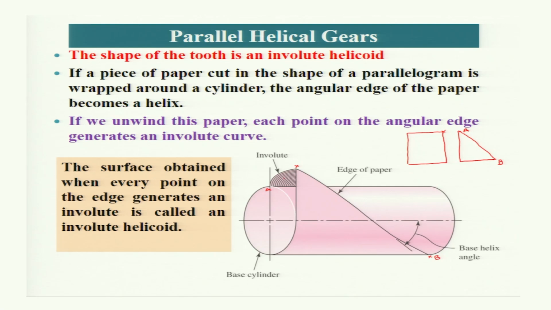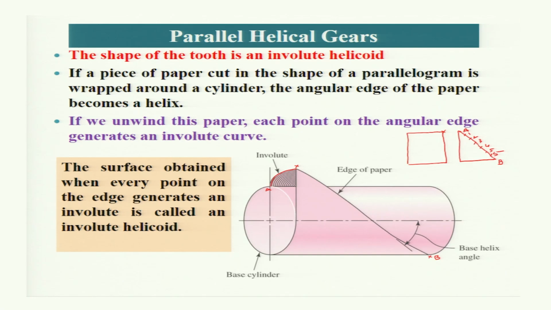Now smoothly you are unwrapping this edge A, or you are just moving this edge A away from the surface of the cylinder. Then the locus of A is given by this curve. This is involute. Now if we take a number of points along the AB line, 1, 2, 3, 4, 5, 6 along this, then all these points will generate an involute profile.